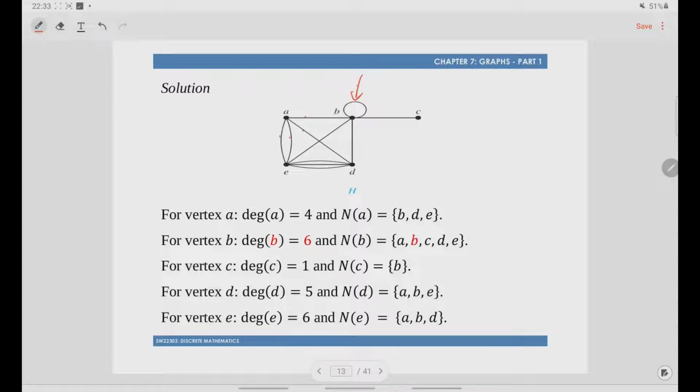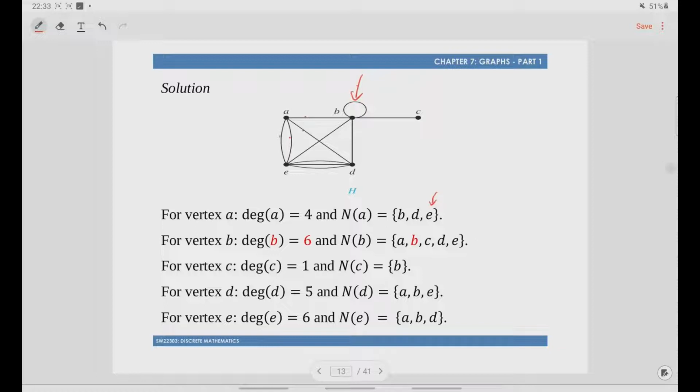The neighborhood of A, we have B, we have D, also we have E. Although E is connected twice to A, because this is a set, just simply put a single E here. No need to write E twice. The degree is 4, but the neighborhood of A contains only 3 vertices.